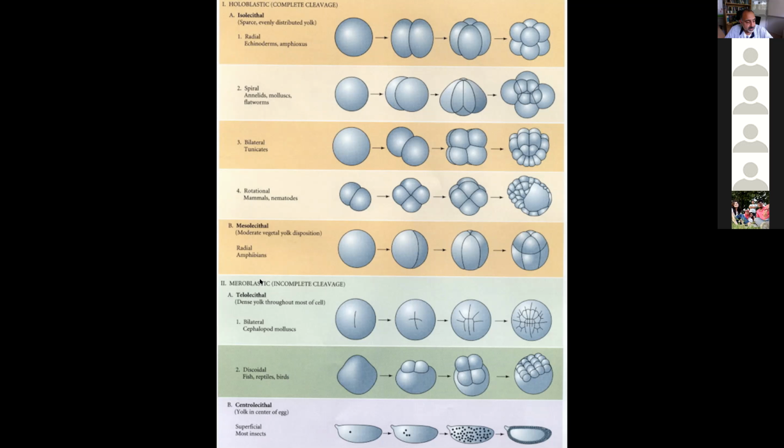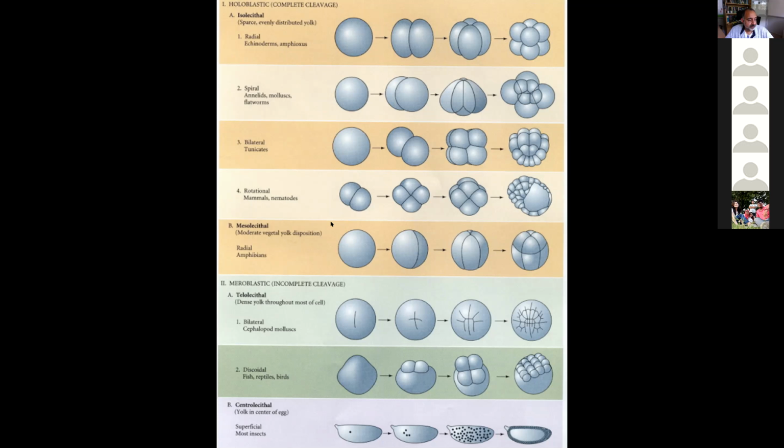So as shown here, different organisms cleave in different ways. It depends on where the yolk is. And there are factors, of course, in the egg cytoplasm that influence the angle of the mitotic spindle, for example, and where cleavage planes happen.